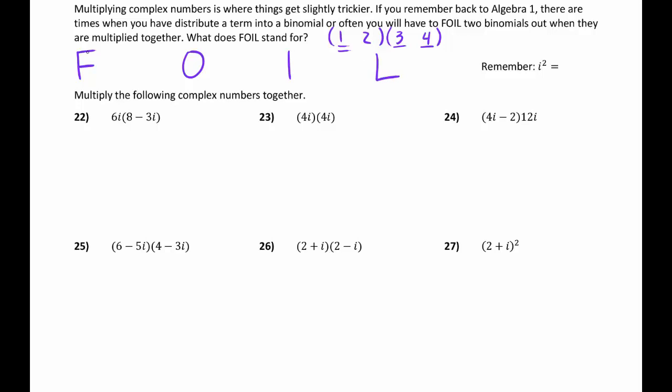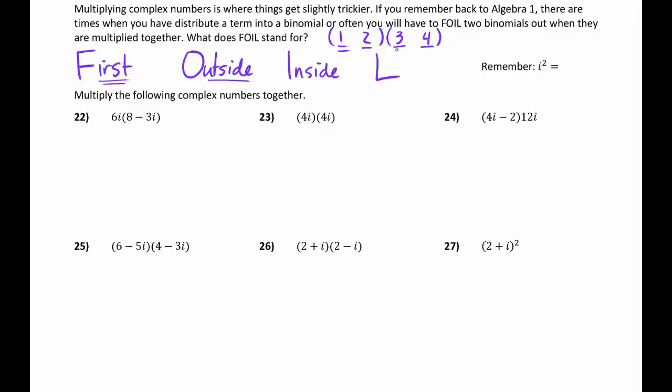which just helps us to remember we need to multiply the first things together. So 1 times 3, they're the first things in each parenthesis. Then you're going to multiply the outside things together. And that would be 1 and 4, the outer part of this whole problem. I stands for inside.